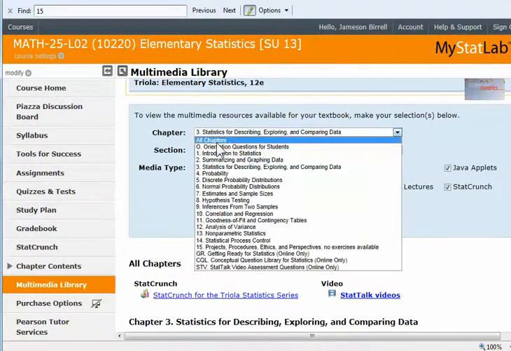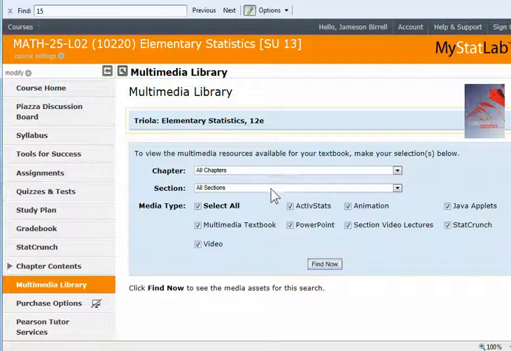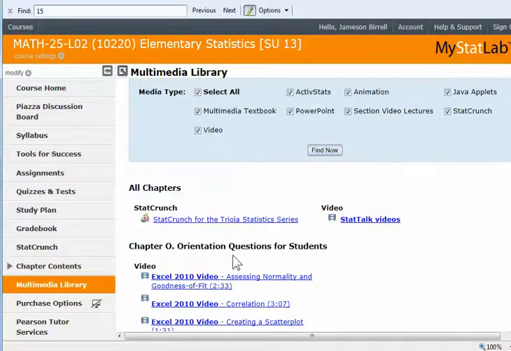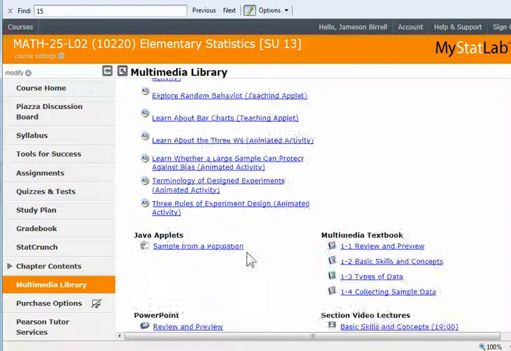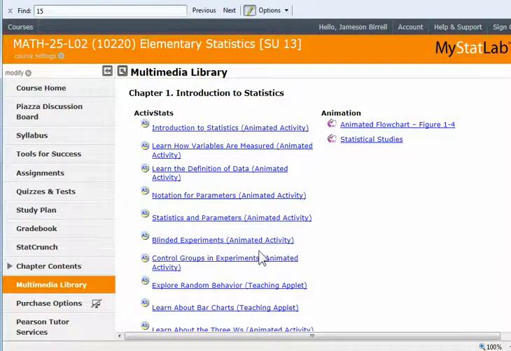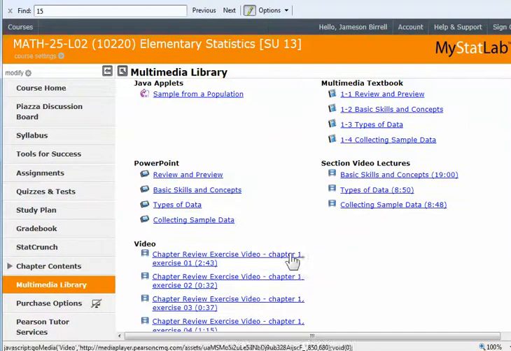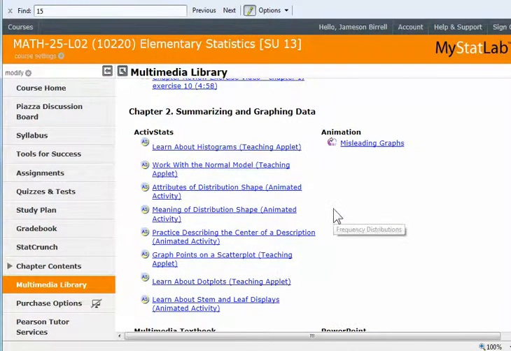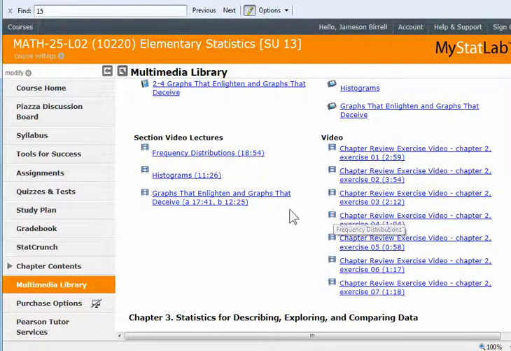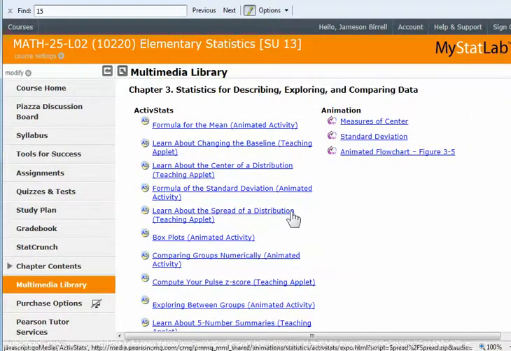And it is not there, so I'm going to hit all chapters. There's a great animation somewhere in here on how random is random. And if I don't find it here, it might be under sample from a population. Then I'll find it somewhere else and post it.